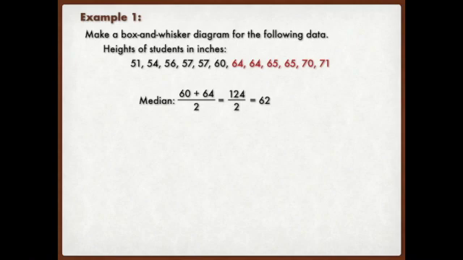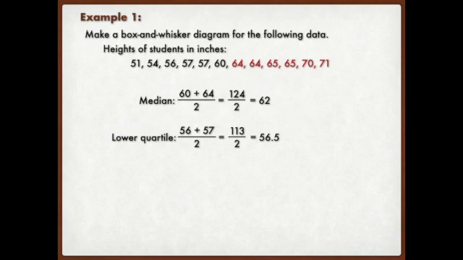Now let's focus on the lower and upper quartile. For the lower quartile, I'm going to look at the first half, and that's 50 to 60. And what are the middle numbers between 51 and 60? That's going to be 56 and 57. And I divide by 2 to give me 56.5.